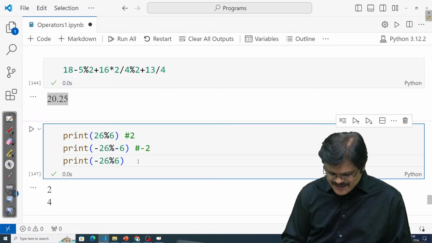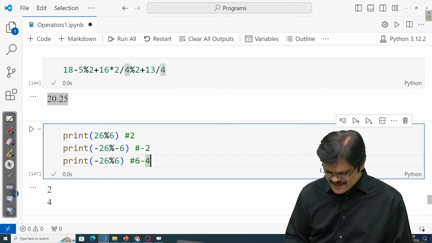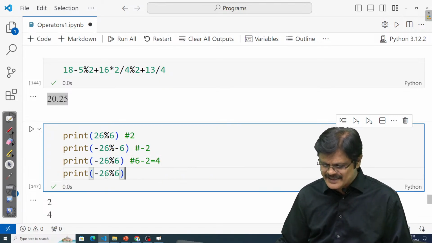And here the answer is actually 6 minus 26 modulus 6, which is 6 minus 2, which is 4. And when you consider 26 modulus minus 6, it can be considered as minus of the previous answer.